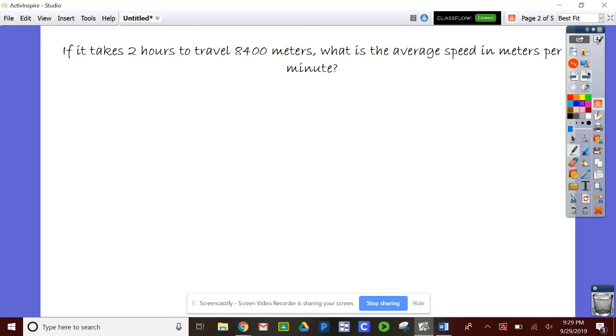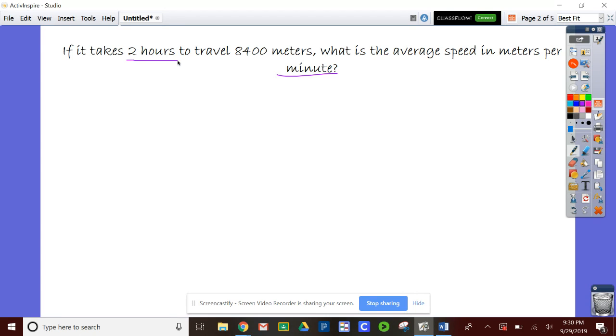Next one. If it takes 2 hours to travel 8,400 meters, what is the average speed in meters per minute? So I went over this one with you before you started, and I told you that since the question was asking for minutes, you probably should take your hours and turn that into minutes before you start doing the math.